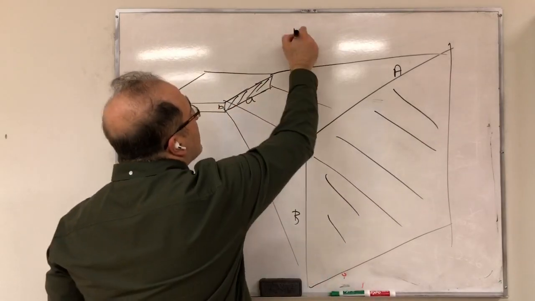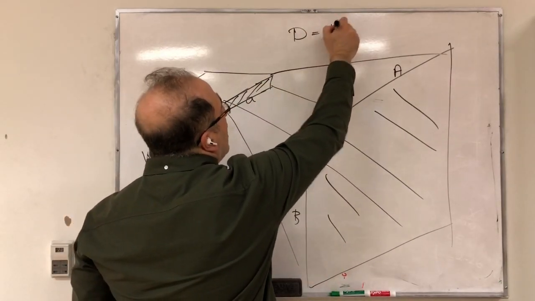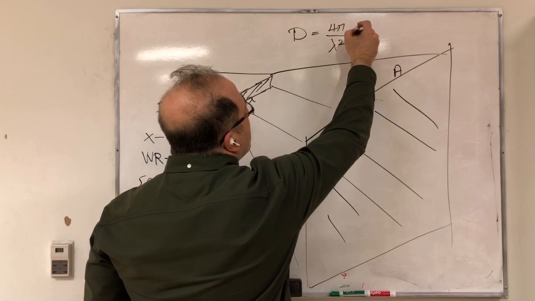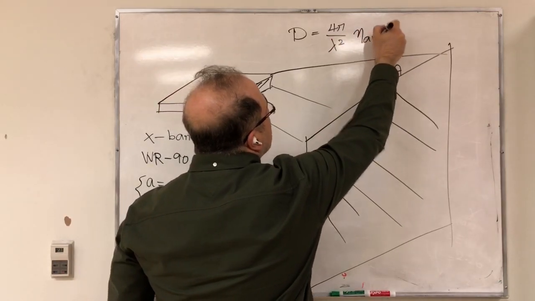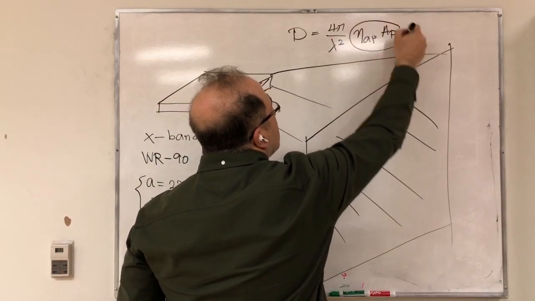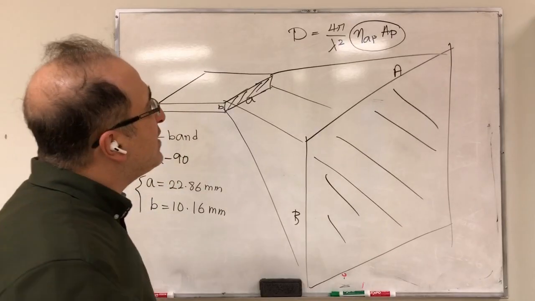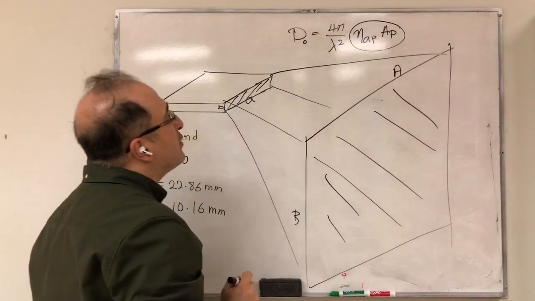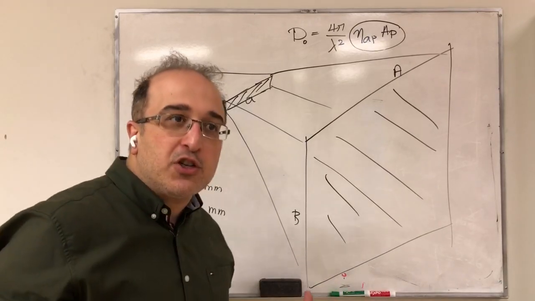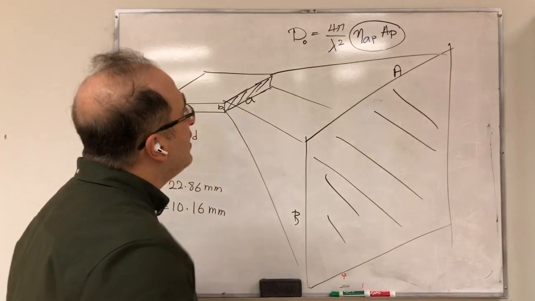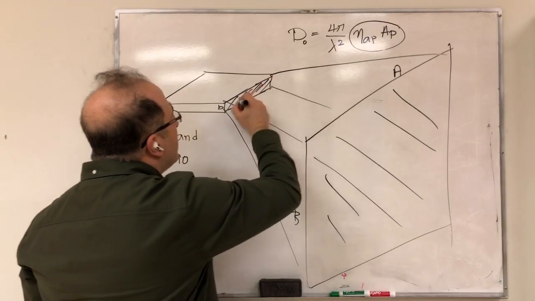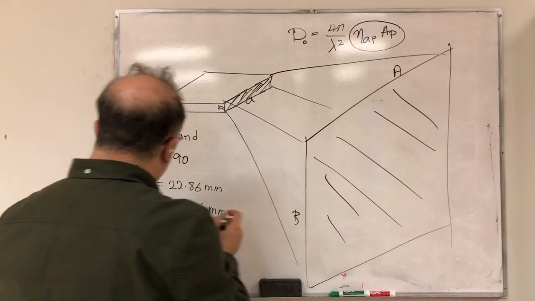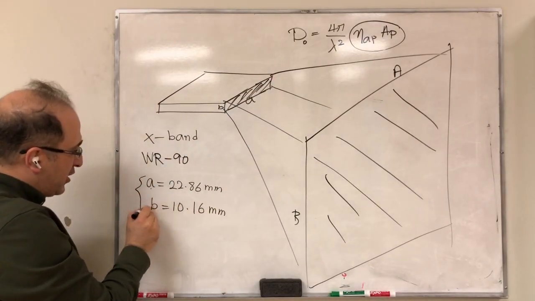And remember, directivity is 4 pi over lambda squared times aperture efficiency times physical aperture. So this is in total your effective aperture. Now, I should say maximum directivity here, because directivity in general can be a function of angle theta and phi. With this one, the aperture is limited. The physical aperture is this times that.